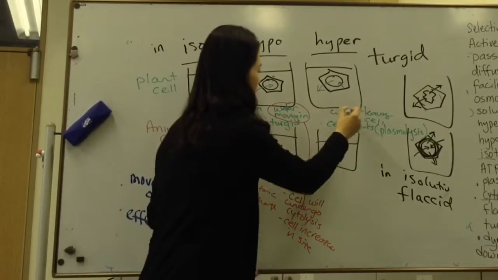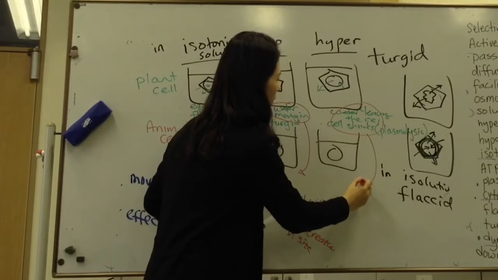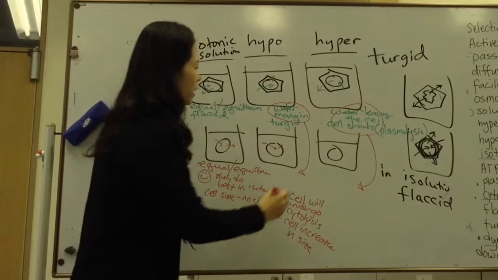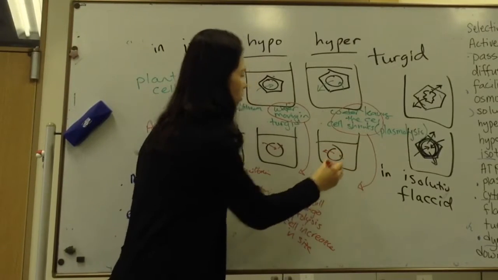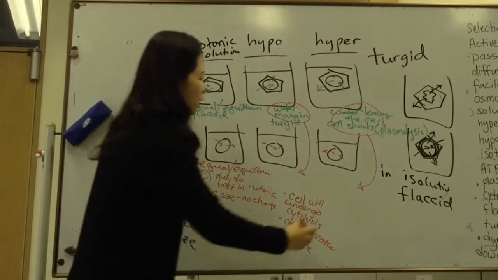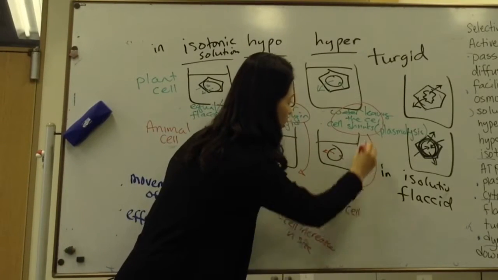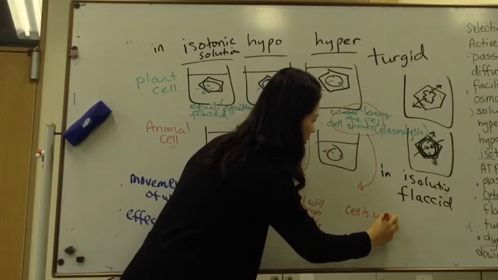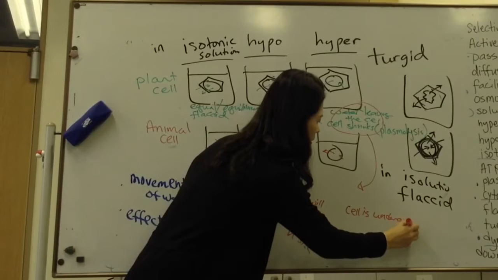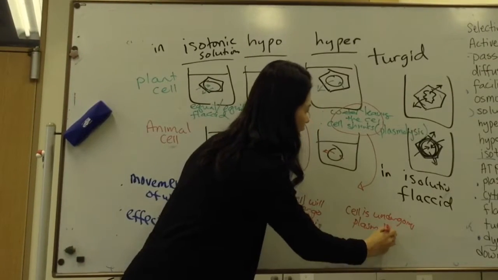Okay, so this is the same here: water leaving the cell, and the cell will shrink. Smaller arrow. The cell shrinks, and the effect here is that plasmolysis is also occurring. That's the same.